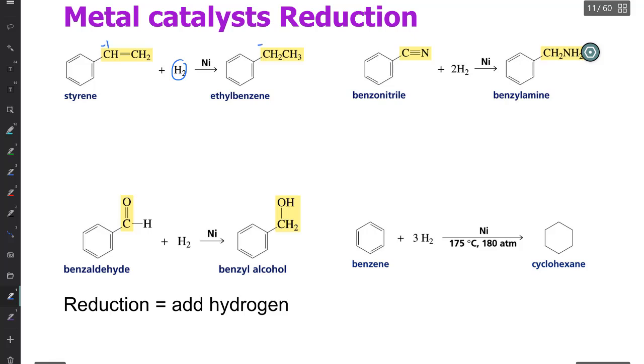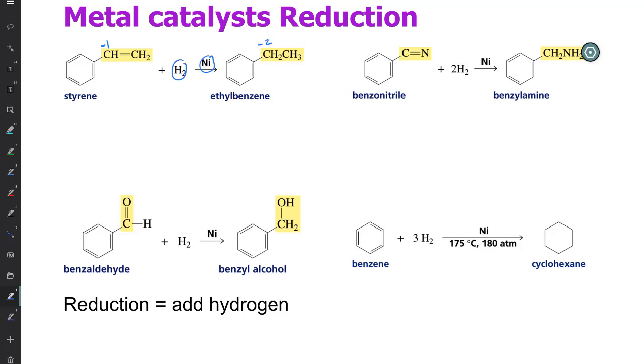And this is -2 because it has 2 hydrogens on it. And so remember, going down in oxidation states is a reduction. So you can see adding hydrogens is a reduction of this reaction. And in this slide we use nickel, but we've often talked about using things like palladium and other metals to do reduction reactions.